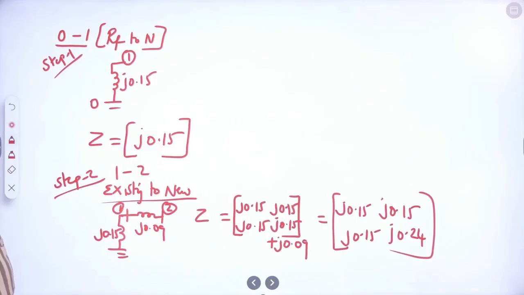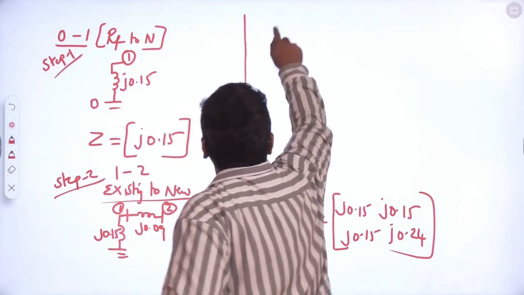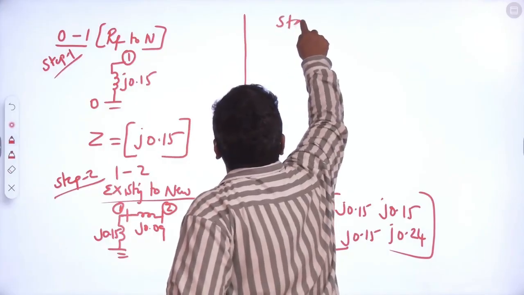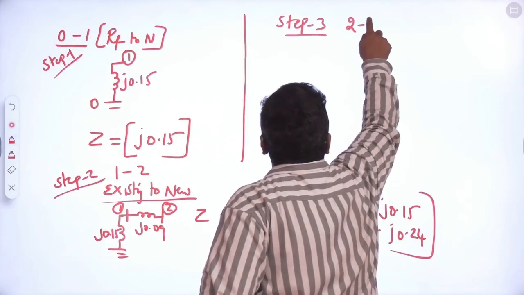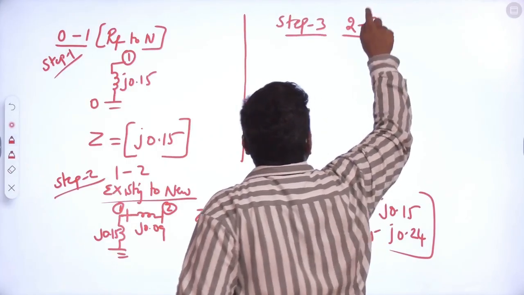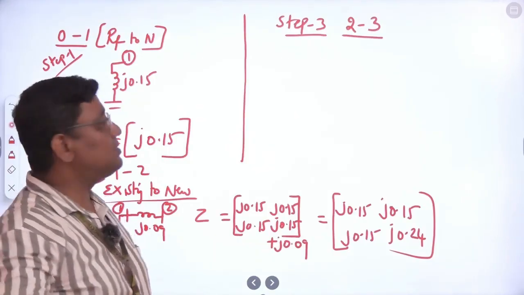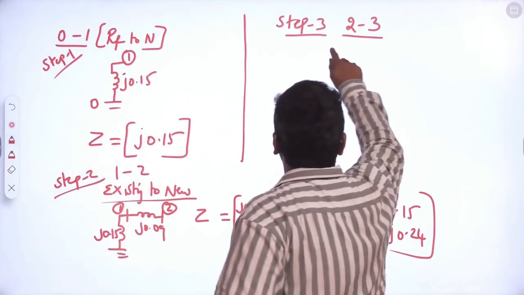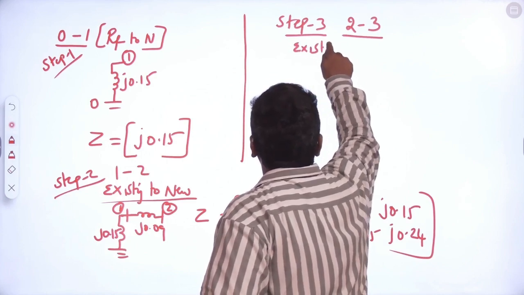Next, step number 3. Step number 3 is 2 to 3. So now bus number 2 is existing, 3 is the new one. Again we have to apply the existing to new rule.